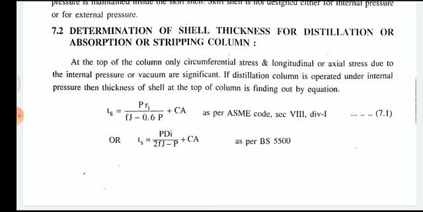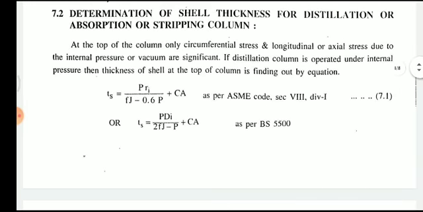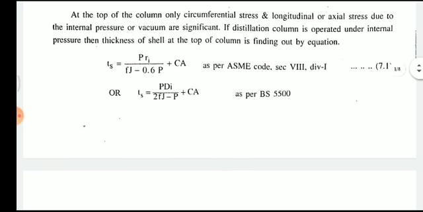If distillation column is operated under internal pressure, then thickness of shell at the top of the column is found by these equations. Ts, that means shell thickness, equals P times Ri divided by (fJ minus 0.6P) plus Ca.